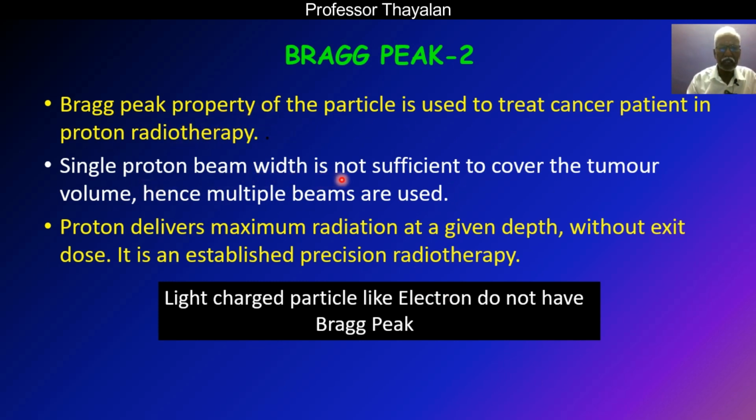A single proton beam width is not sufficient to cover the tumor volume, hence multiple beams are used. Proton delivers maximum radiation at a given depth without exit dose. It is an established precision radiotherapy. Light charged particles like electrons do not have a Bragg peak.